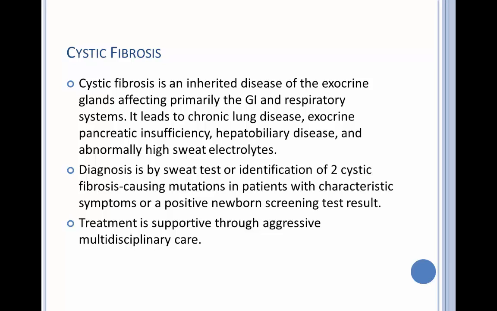Treatment of pulmonary problems centers on prevention of airway obstruction and prophylaxis of pulmonary infections such as Haemophilus influenzae, so antibiotics should be given. Prevention with annual influenza vaccination. A lot of mucus clearance with daily percussion, vibration, postural drainage.